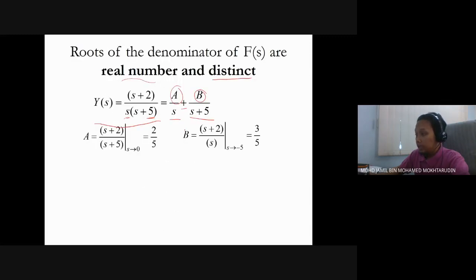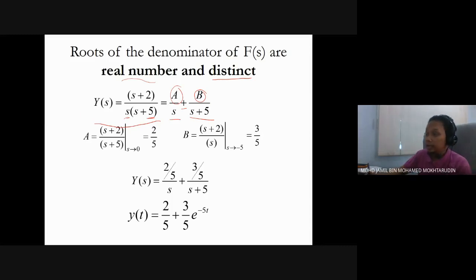Okay, this is the method used by this slide. What it tells us is that when s = 0, you can substitute s = 0 into this function, and you get 2 divided by 5.